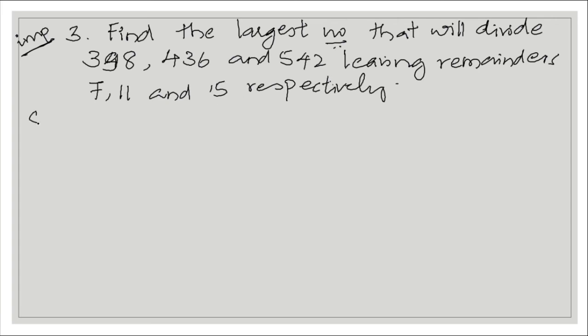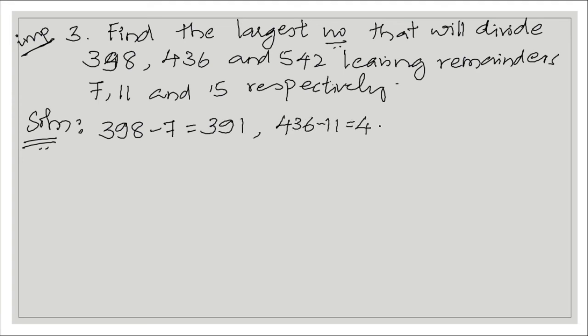If you can observe, in the previous question they were leaving the same remainder, so we had subtracted 5 from each. Here they are leaving different remainders, so now if I subtract this 7 from this number, I'll be getting 391. 436 minus 11, I'll be getting 425, and 542 minus 15, I'll be getting 527.